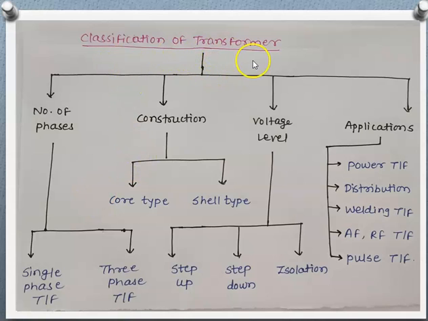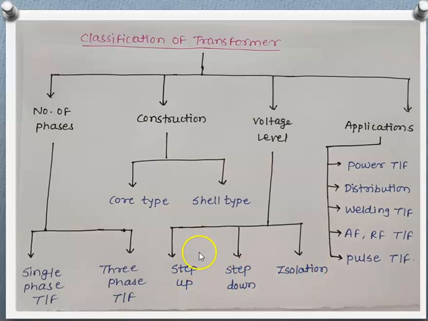Let's classify the transformer according to the number of phases, construction, voltage level and application. According to the number of phases, we have the single phase transformer and the 3-phase transformer. According to construction, we have core type and shell type transformers. According to voltage level, we have step up, step down and isolation.